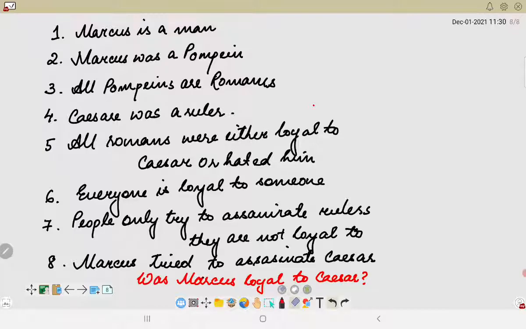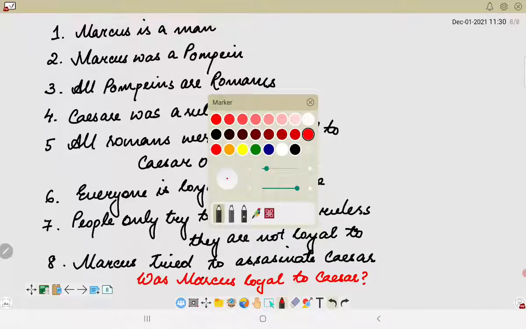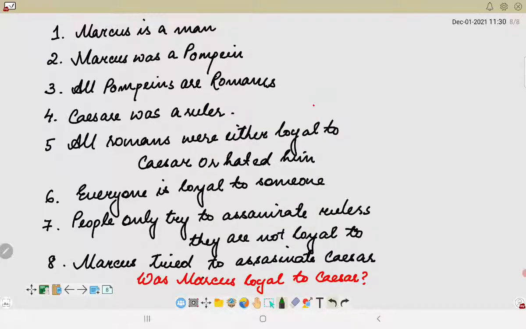Now let us first focus on representing this entire scenario using predicate logic. When we are using first order logic or predicate logic, the first sentence we can represent something like this. Marcus is a man, so here my predicate is man and Marcus is the term. Then Marcus was Pompeian, so we will create another predicate, Pompeian, then Marcus.